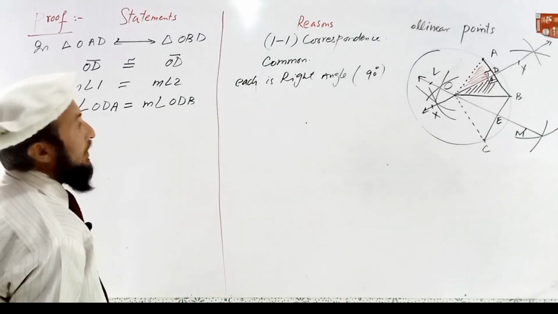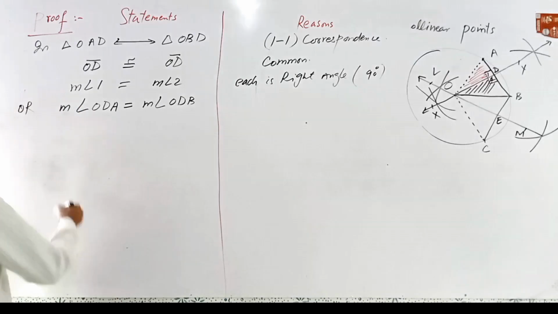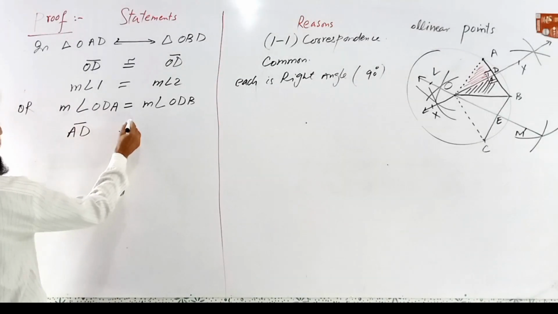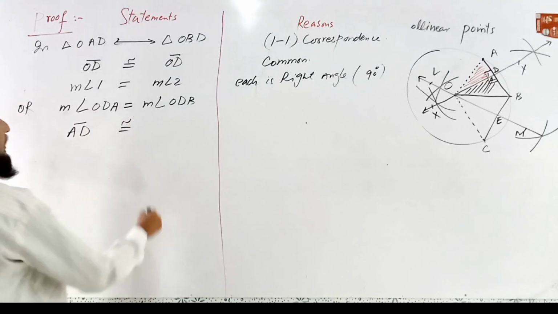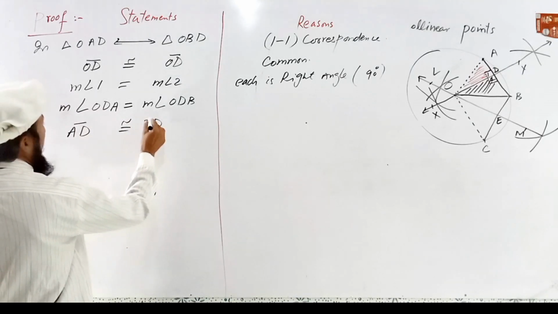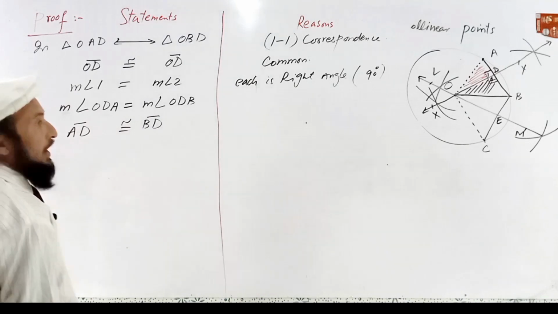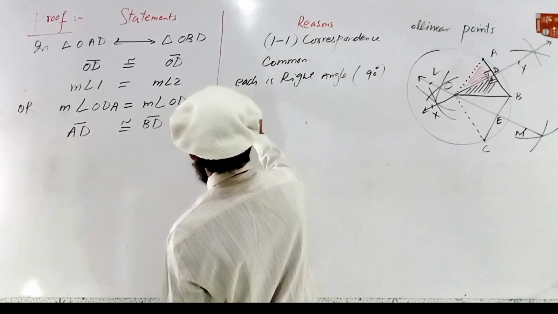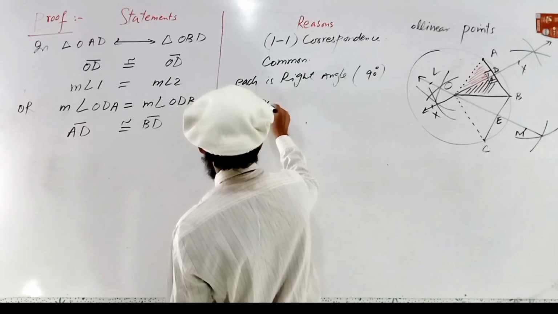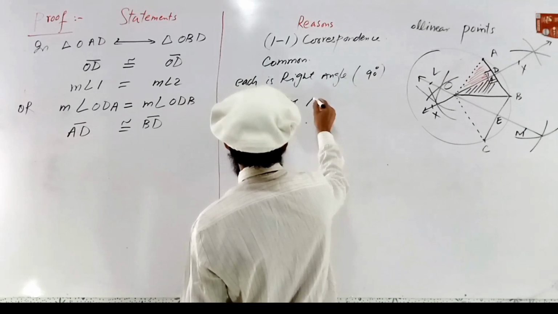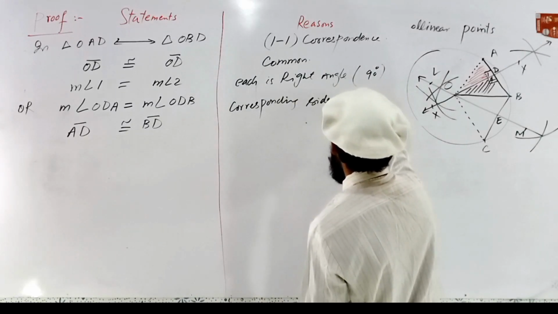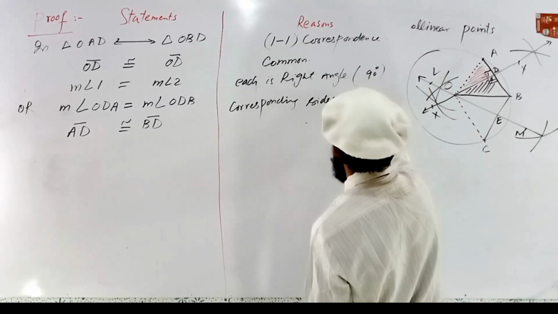Similarly, here we can write AD as congruent to BD, corresponding sides of congruent triangles.